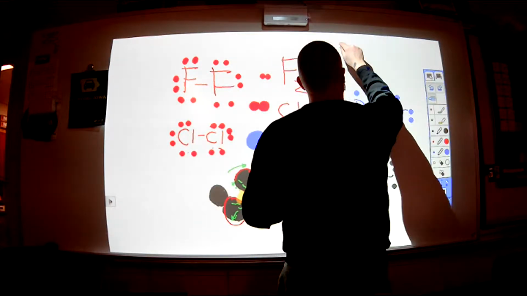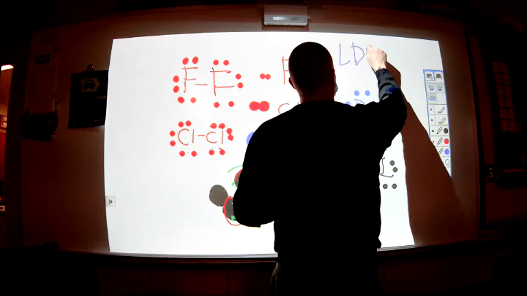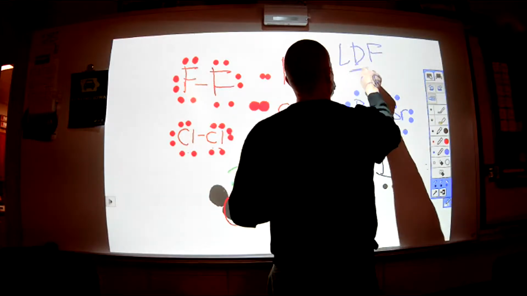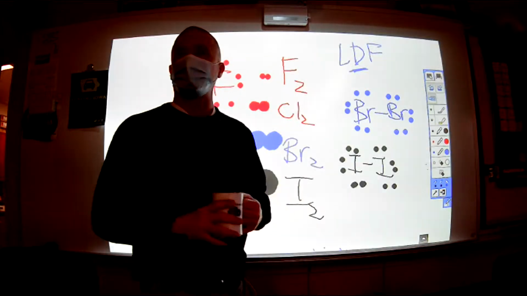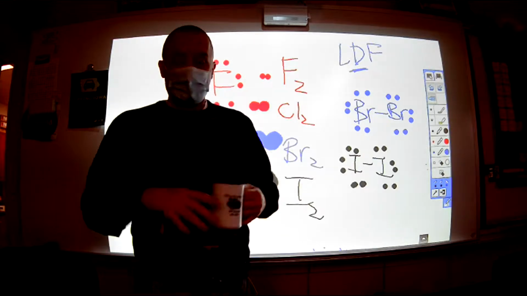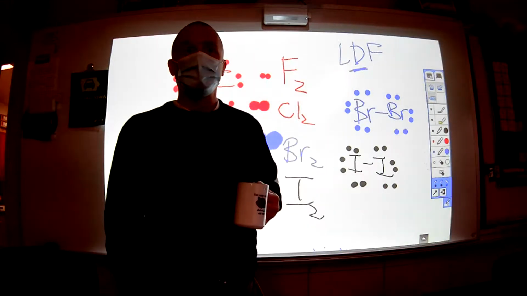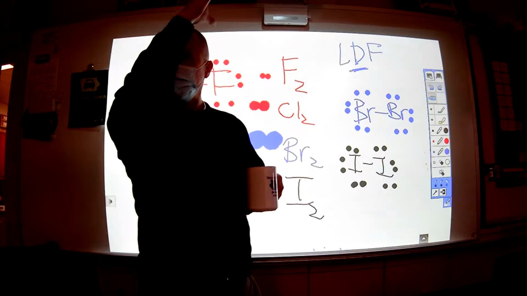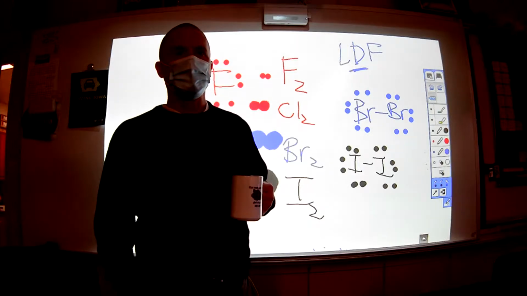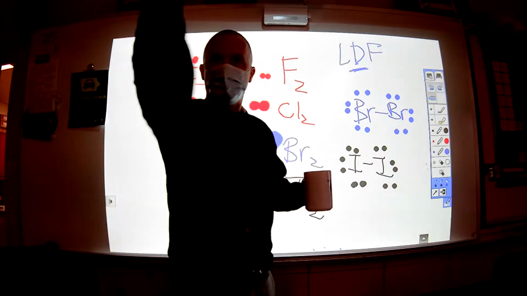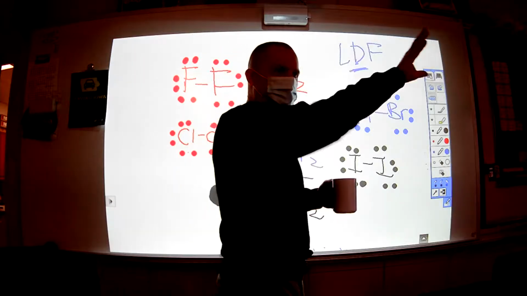We call these London dispersion forces. Why do they call them dispersion? Because the force can what? It can disperse. Disperse means spread out, move around. Disperse the force to other places.